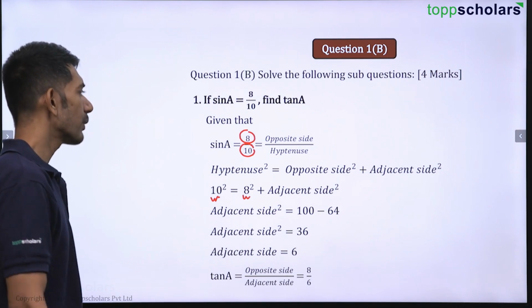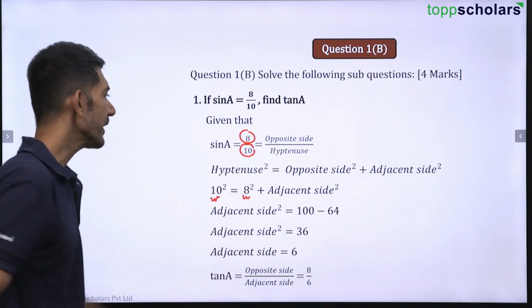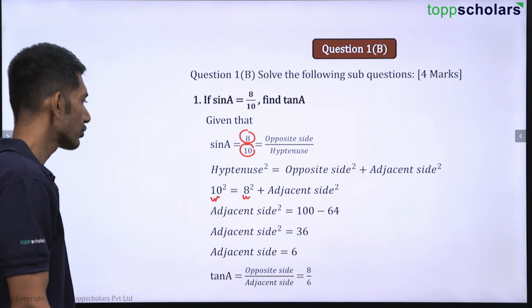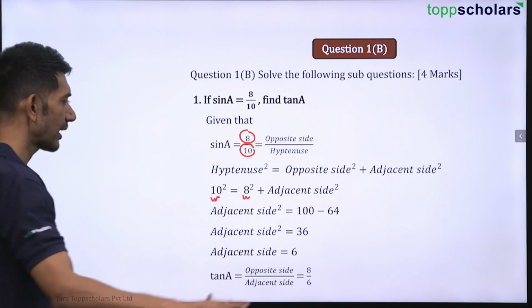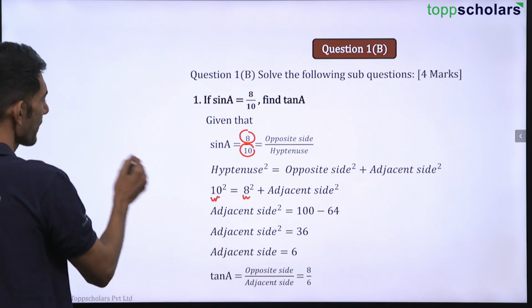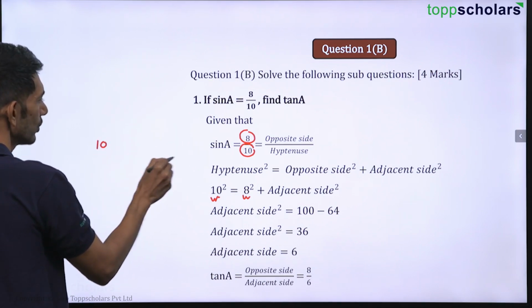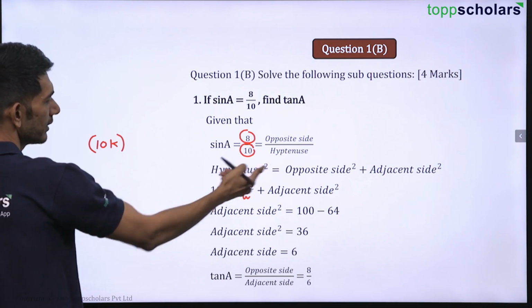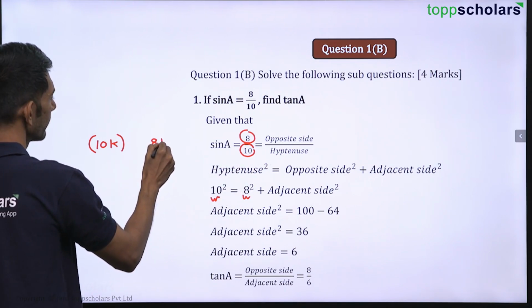Children, always remember one thing, whenever they give you the ratio, 8 and 10 are not the actual values there, correct? So ideally what you do, I am just giving you a hint here, you take the common multiple as k and you solve it like this. You take the hypotenuse as 10k, and the opposite side as 8k.